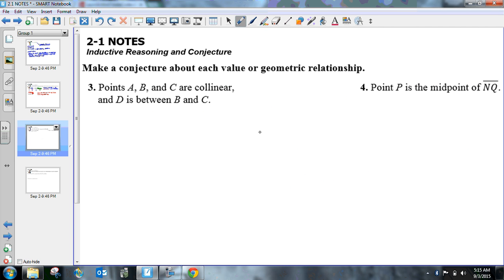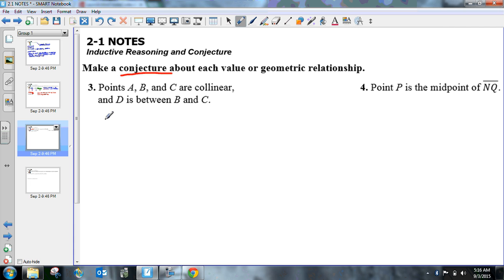All right, so let's take a look at these in 3 and 4, and this is make a conjecture about each value or geometric relationship. Okay, so it says points A, B, and C are collinear, and then it says D is between B and C. So what I want to do is make a conjecture.